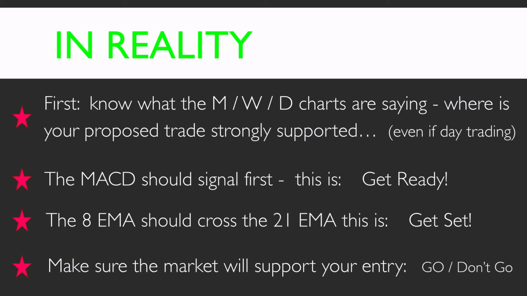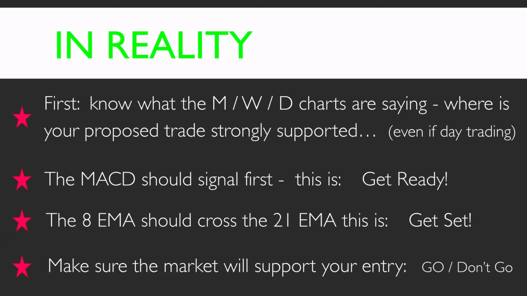The 8 EMA should cross the 21 EMA. If they've already crossed, then there should be a squeeze of them coming together, or there should be a curve, a shovel scoop for an up and an inverted shovel scoop for a down. When this happens, we call this the get set. So the MACD is get ready, the 8 and the 21 are get set.